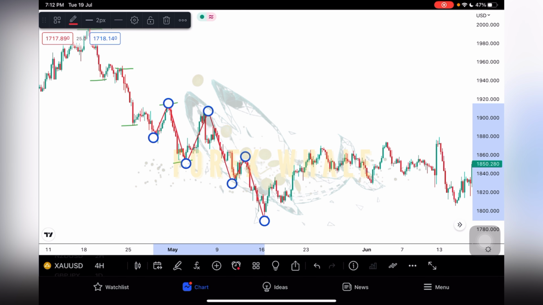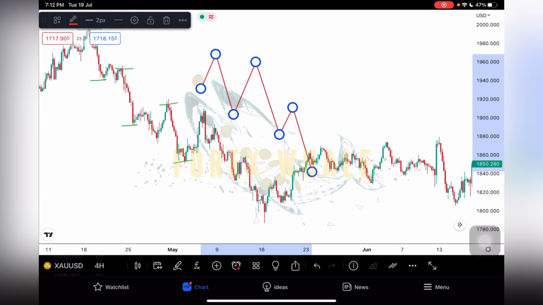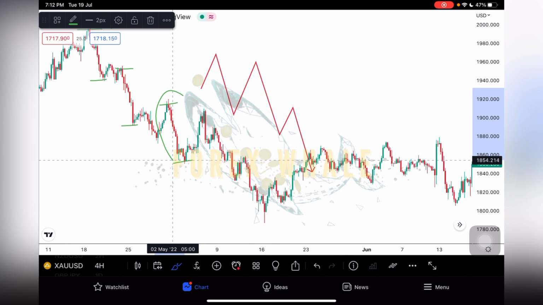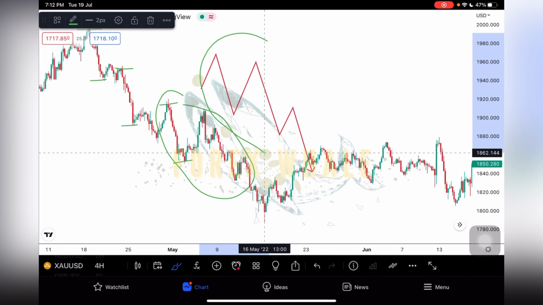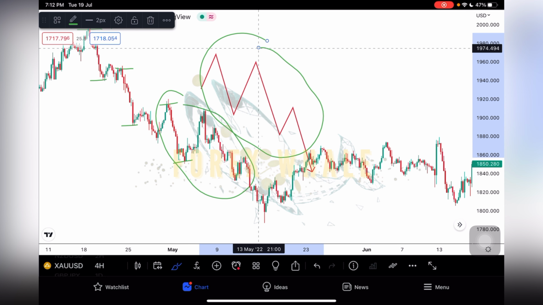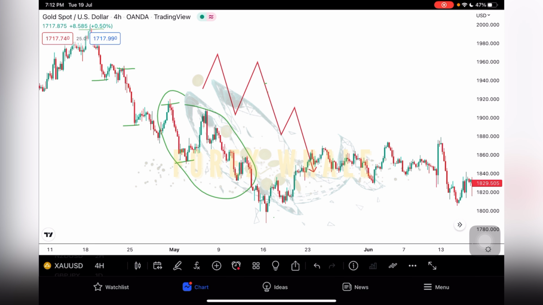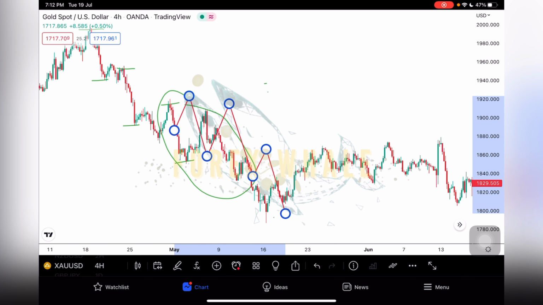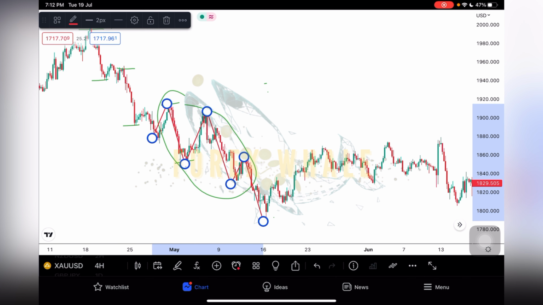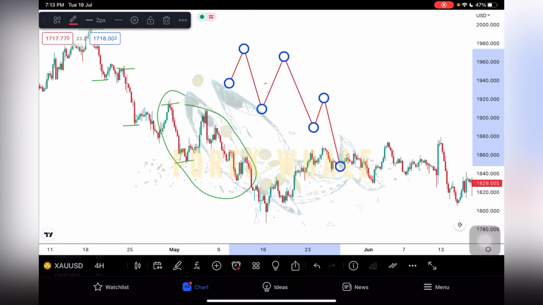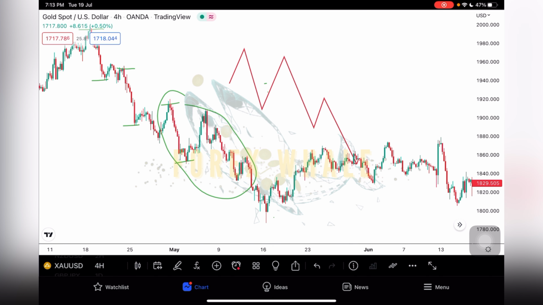So this pattern here is actually this. That pattern is actually this one here that I've already drawn for you. So I'll just put it back there. Look. This is why I need you to train your eyes to see it this way.